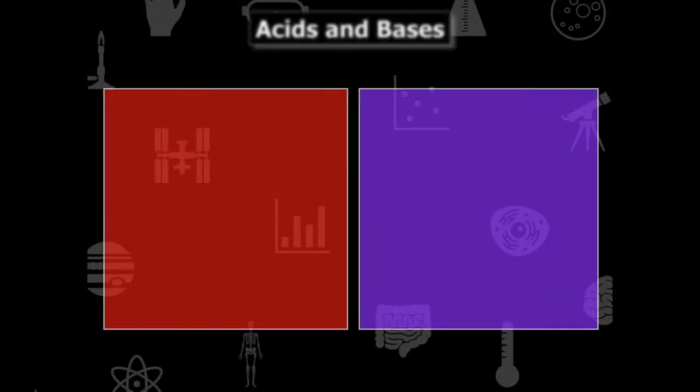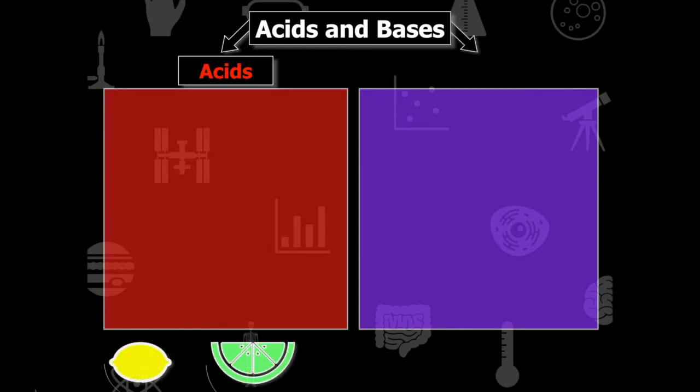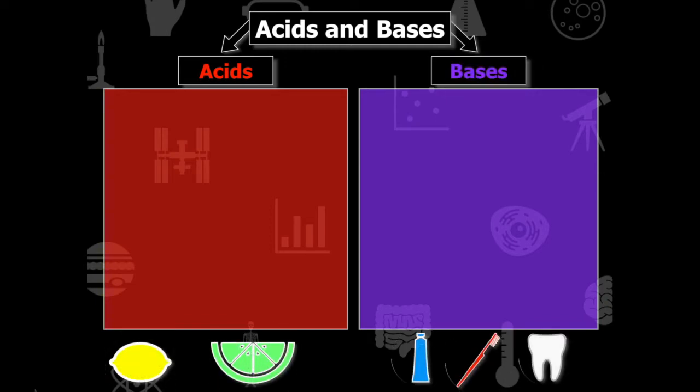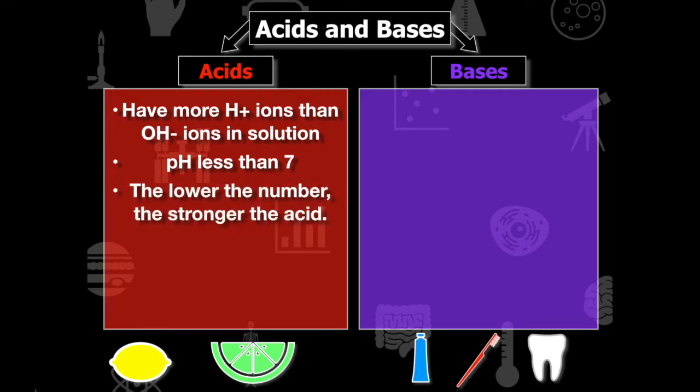So let's write down acids and bases and the characteristics of both. In an acidic solution, we have more H plus ions than OH minus ions. The pH numerically is going to be less than 7, and the lower the number, the stronger the acid.